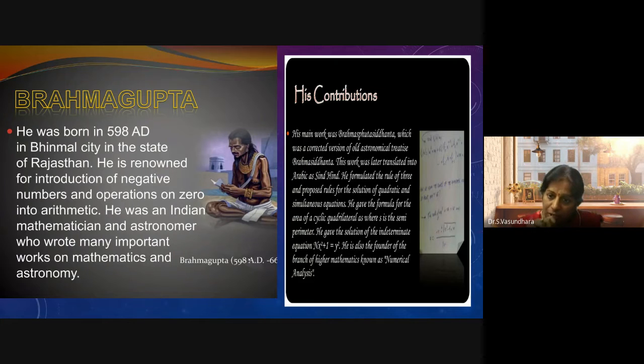His main work was on astronomy theory, and he formulated the rule for the famous area of a cyclic quadrilateral, where s is the semi-perimeter.